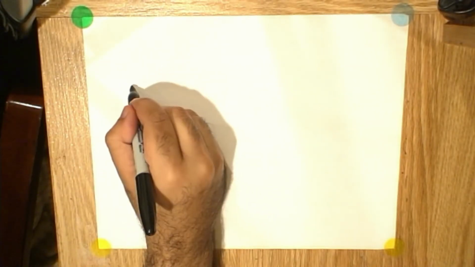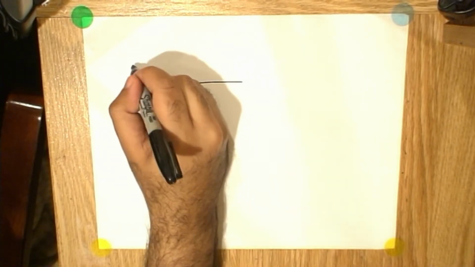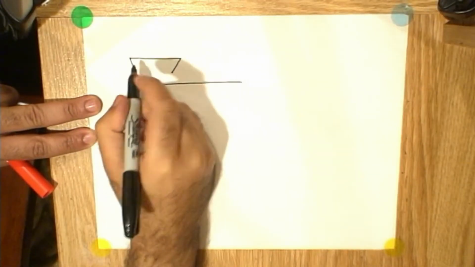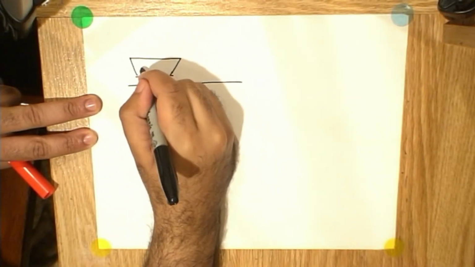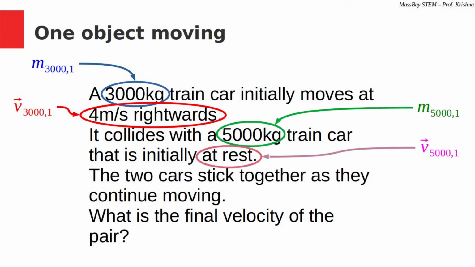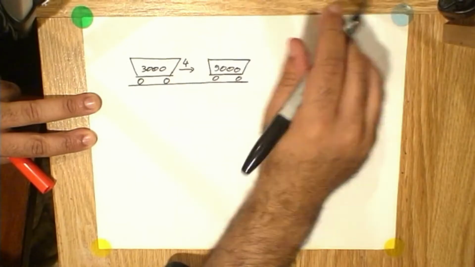In this question, we were told that a 3,000 kilogram train car looks something like this. Is moving at 4 meters per second rightward, and it's going to collide with a 5,000 kilogram train car, which is initially standing still.